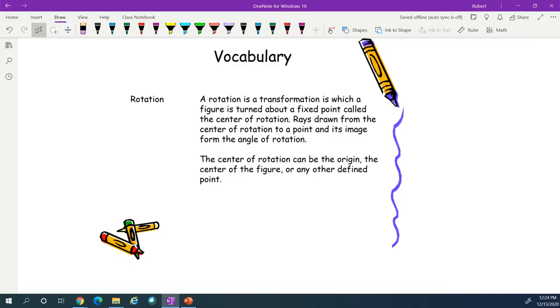Now, what we're working on is the center of the rotation being the origin of the graph. Rather than the center of the shape or the figure, we're considering the entire coordinate plane to be our figure, and we are rotating it around the origin.